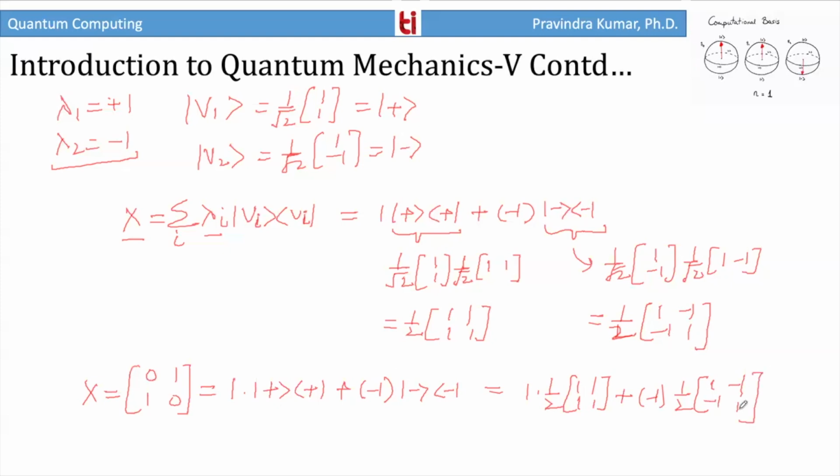So the Pauli X matrix can be expressed in terms of its eigenvalues plus 1 and minus 1 and the corresponding projectors onto eigenvectors ket plus and ket minus.